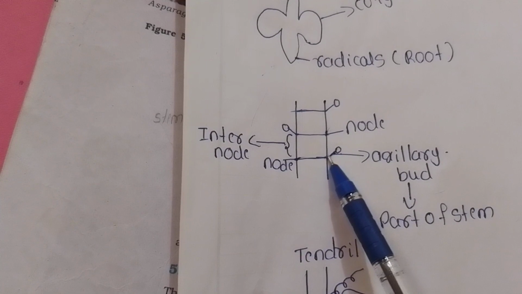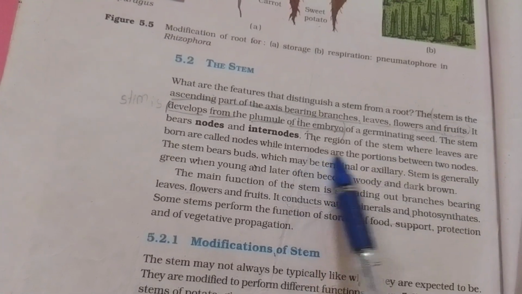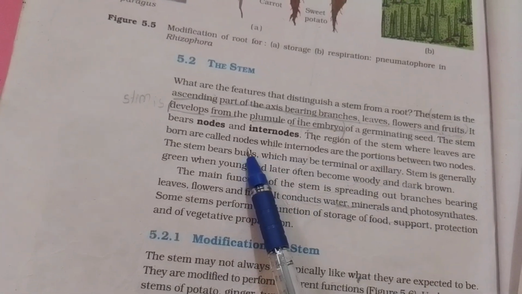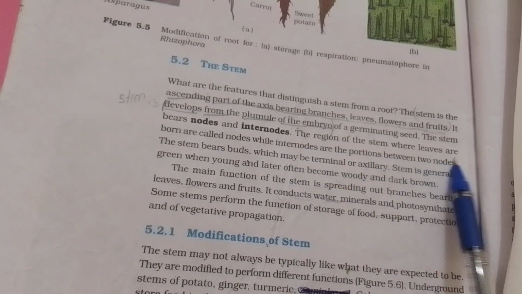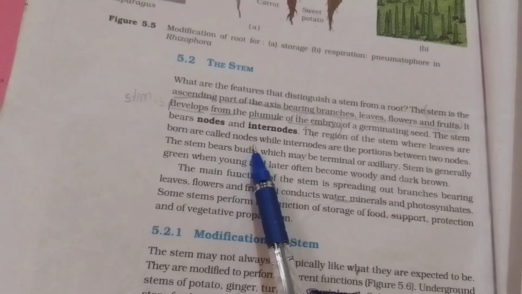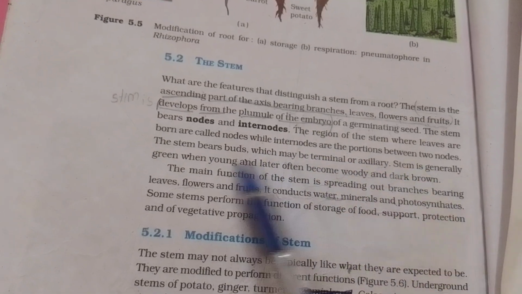The axillary bud is converted into a new branch. Internodes are the portion between the two nodes.